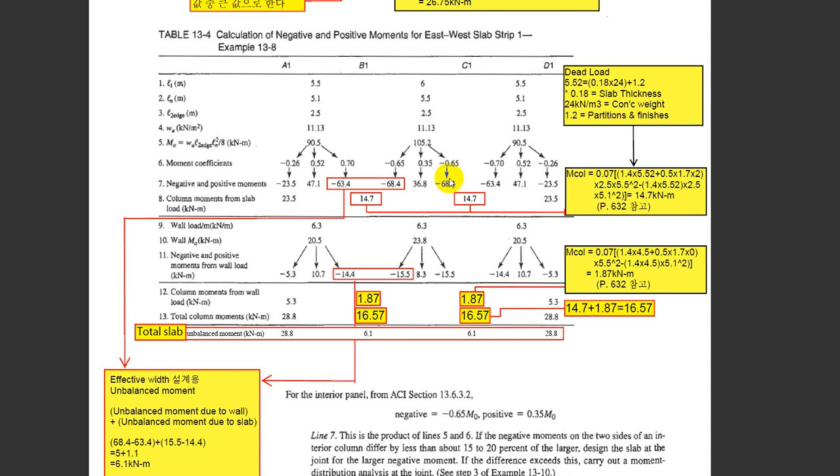Okay. And here we also have a moment induced by the walls. This is wall loading. Minus 5.3, and we have 2 wall loadings, but we're going to take a bigger one at this joint. Okay, this is the moment demand induced by the wall loading.